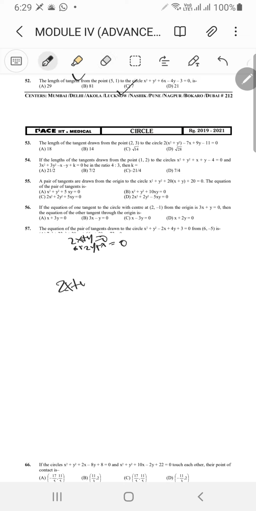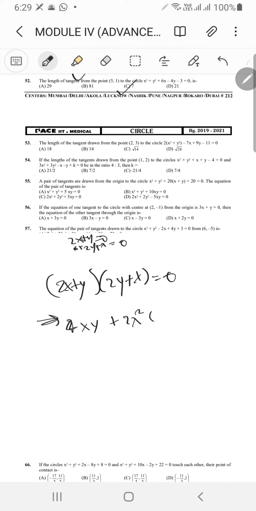So it's 2x plus y into 2y plus x equal to 0, which means 4xy plus 2x squared plus 2y squared plus xy equal to 0, which means 2x squared plus 2y squared plus 5xy equal to 0. And here is the option.